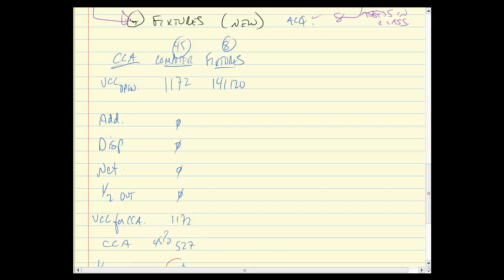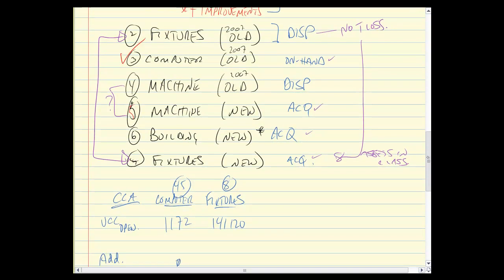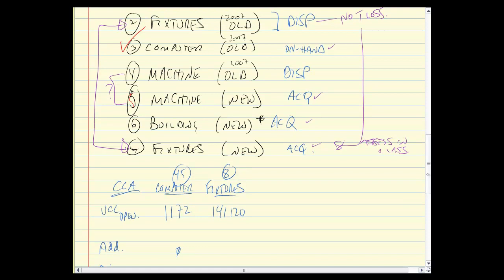141,120. Are there additions in the year? And there are. We met these new fixtures. So what amount goes in to a UCC class? Before we look at the question, what amount are we looking for? Go. Capital cost.